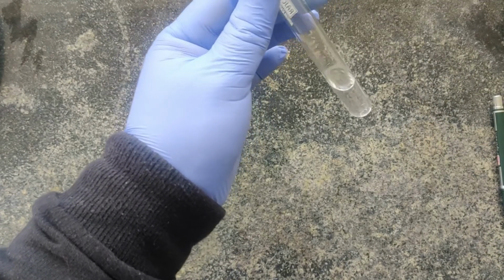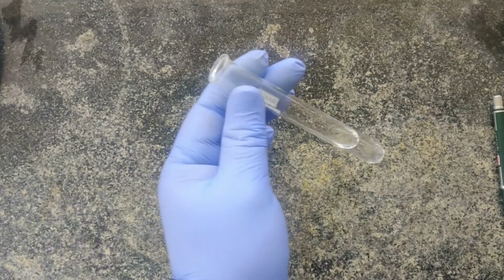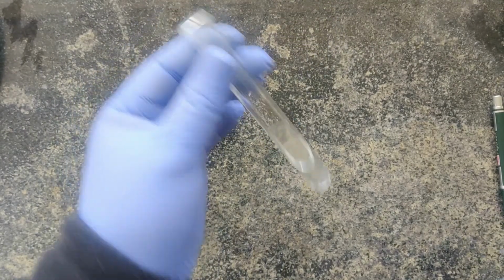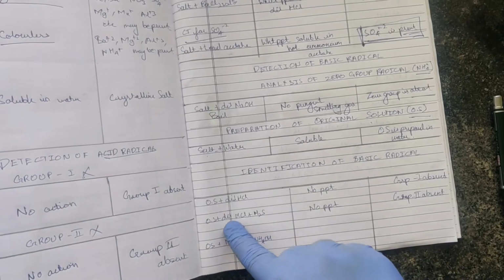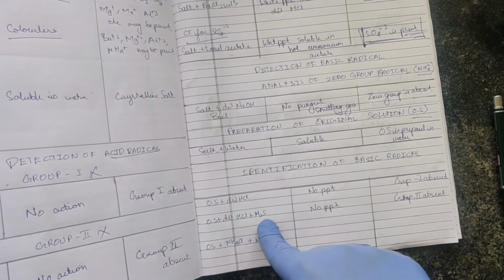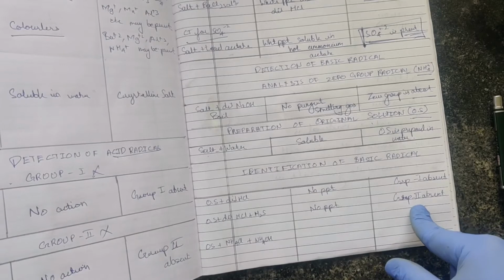See, look at this. Did you observe any precipitation? No, right? So from this I have concluded that there is no precipitate when I've added OS plus dilute HCl plus H2S. So group 2 is also absent.